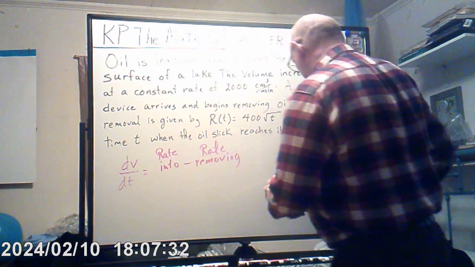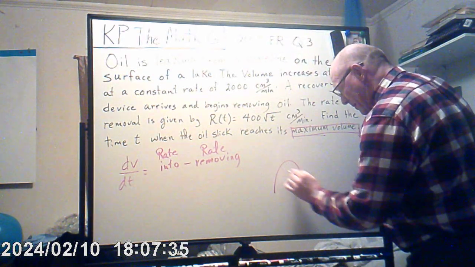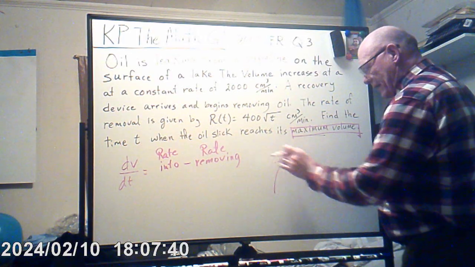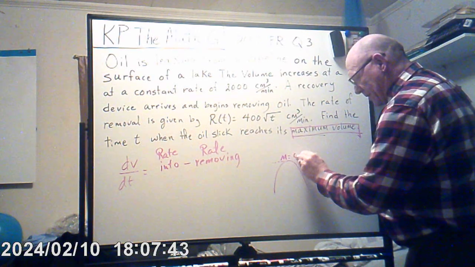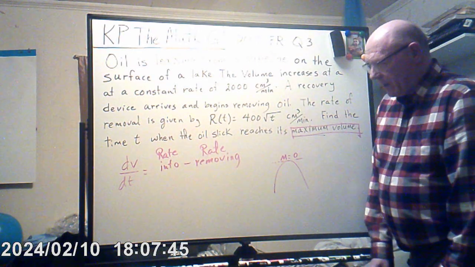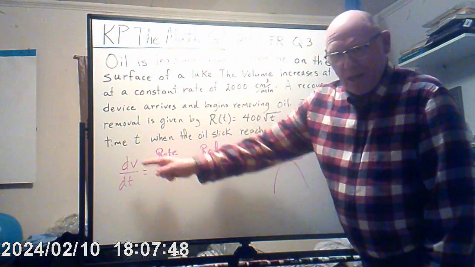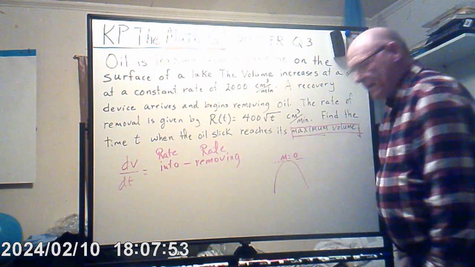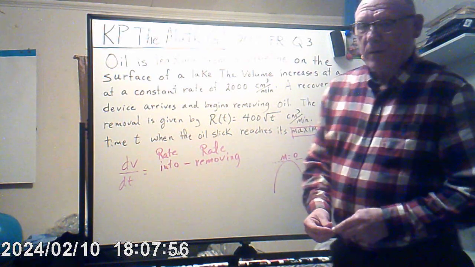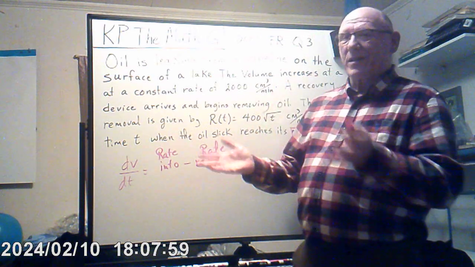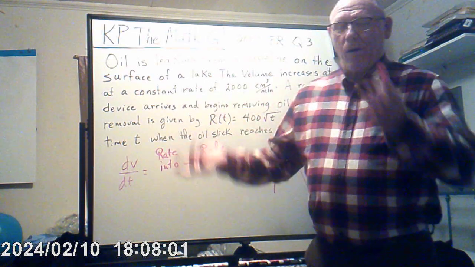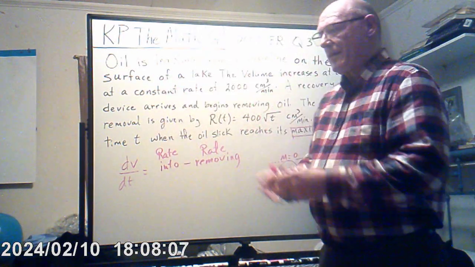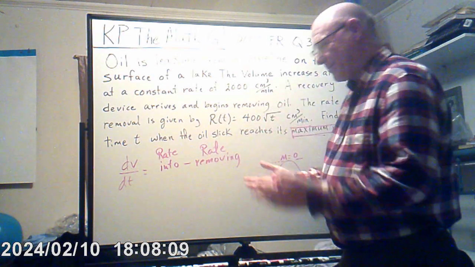And if we look for a maximum, remember we want the maximum height where the slope of the tangent line is equal to 0. So what do we want dV over dt to be? We want it to be equal to 0. I did a previous video on this very same idea with water in a tank: water goes into a tank at a rate, water leaks out at a rate.